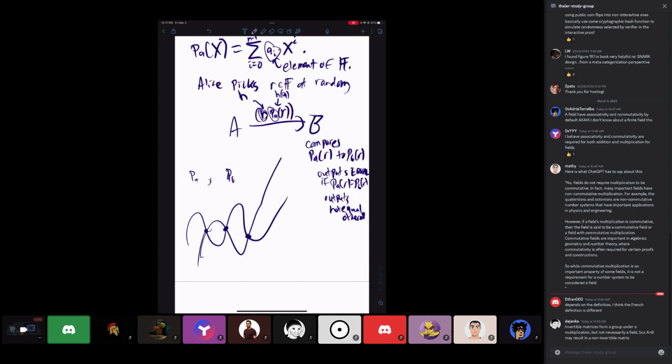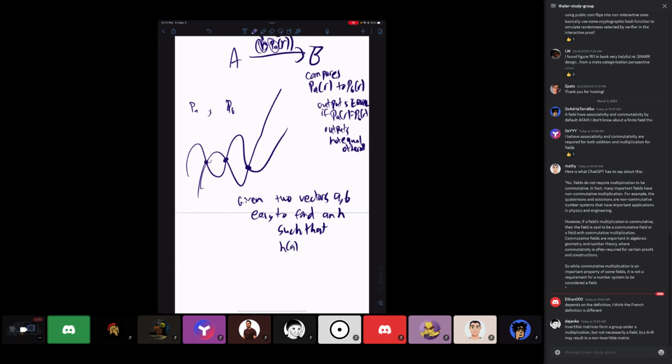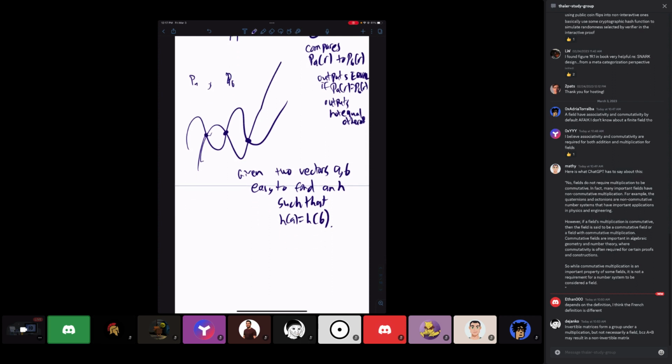So what I just said is that with this choice of hash function, given two vectors A and B, it's easy to find an H such that H(A) equals H(B). That's what this picture is, and the reverse is also true.